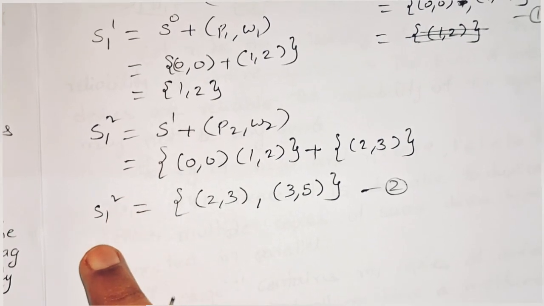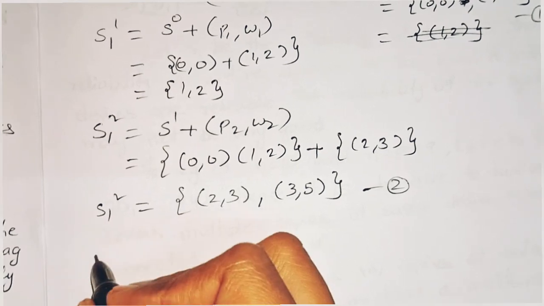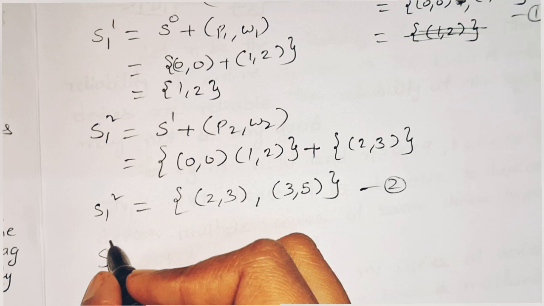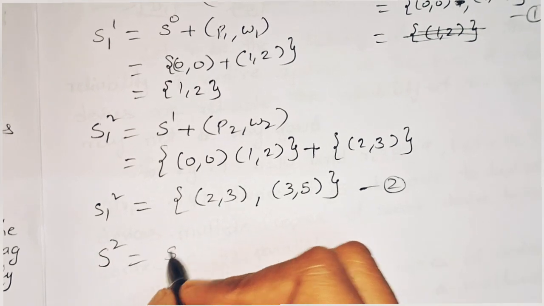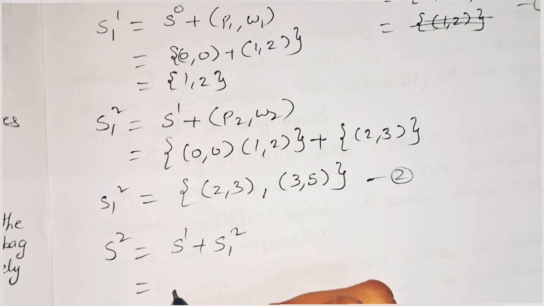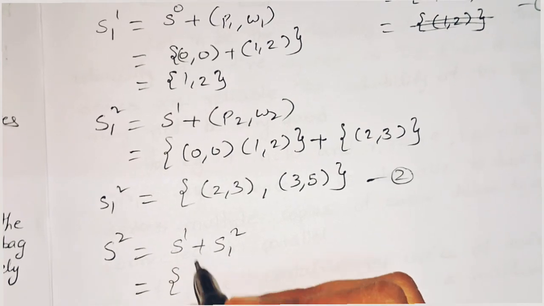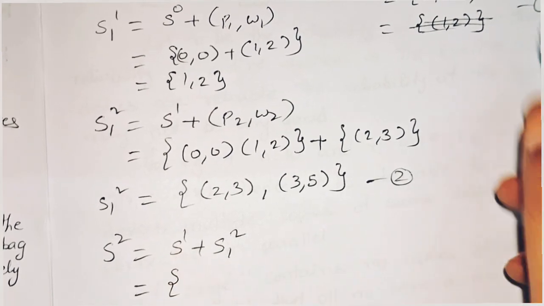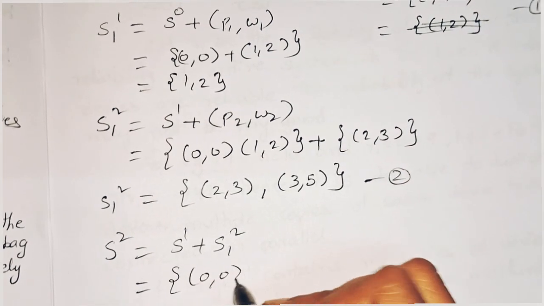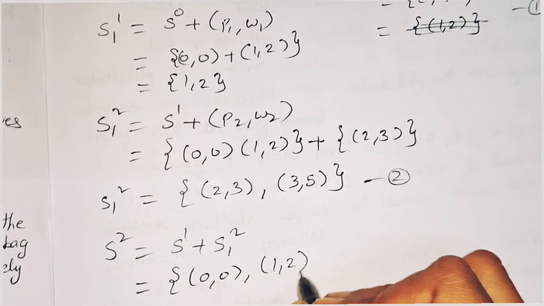Now we need to perform the merging operation. So what is the merging operation formula? Si, that is I value is 2. S2 equals to S dash plus S12. So what is the S dash value? So S dash value is 0 comma 0, 1 comma 2.